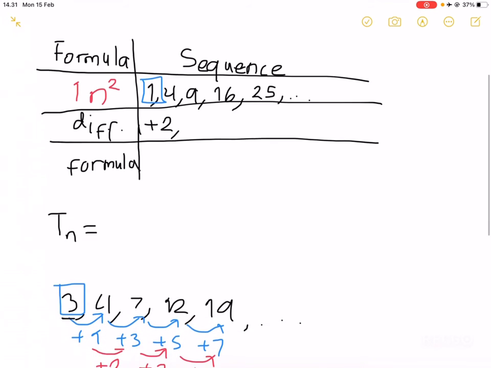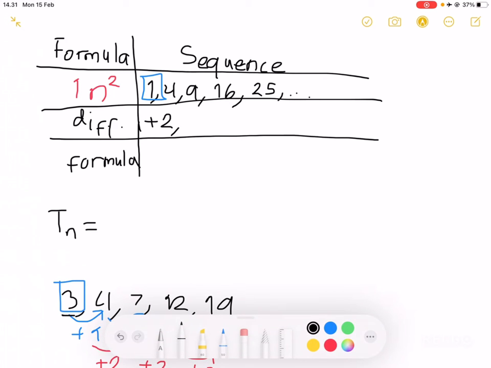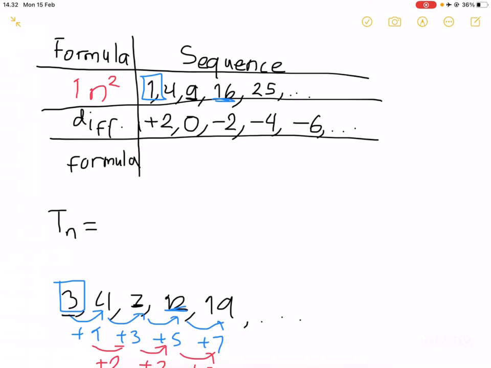The difference for the second term will be 0, since 4 is just 4, you don't need to add or subtract anything. From 9 to 7, you need to subtract 2. From 16 to 12, you need to subtract 4, and then you can discover the pattern right here. You subtract 6, and so on.